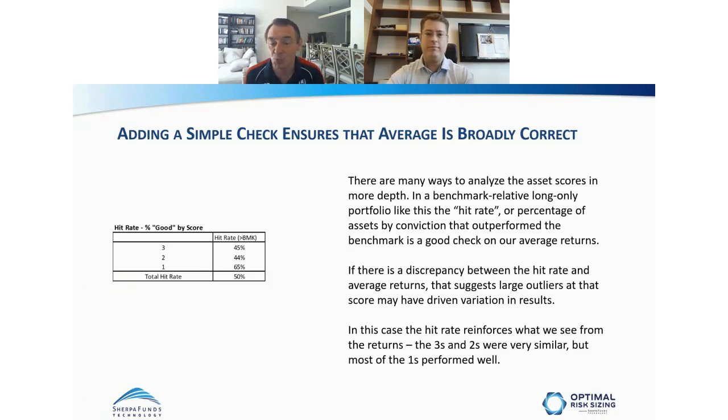You can see that the low conviction ones, more of those outperform the benchmark than the highs and the mediums. This one's really just a check on that same visual about the outliers, because sometimes the averages can wash out when you have a stock that, for whatever event-driven reason, increases 70% or loses 50% of its value in one period.